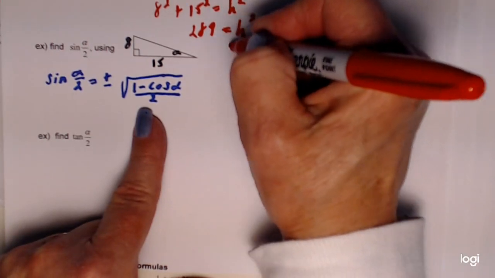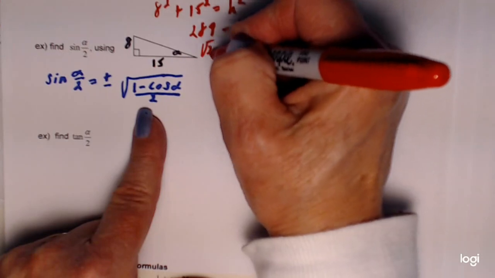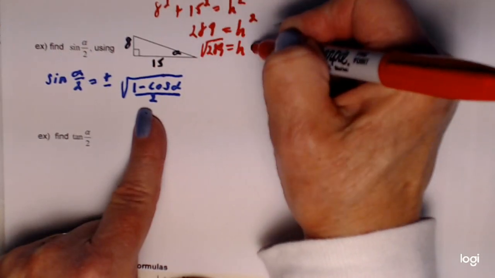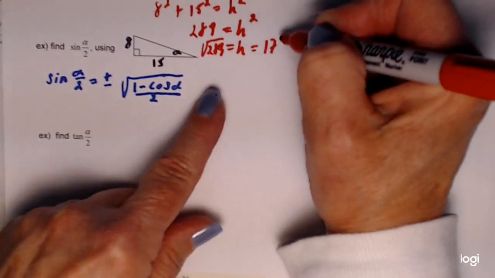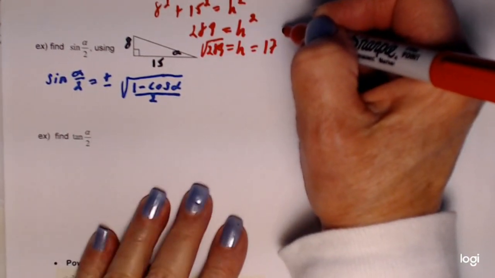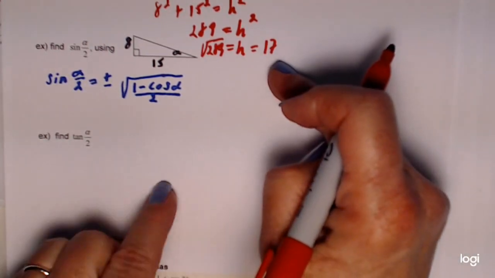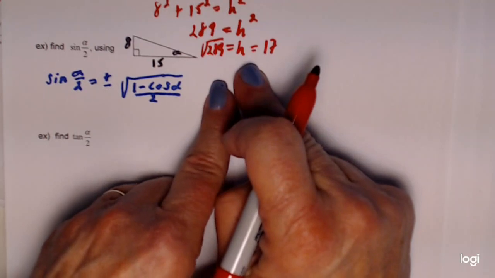And so our hypotenuse is going to be equal to the square root of 289, which happens to be a nice square. 289, nice square number, so it's 17. So we don't have to mess around with any radicals, at least not yet. So there is our hypotenuse.